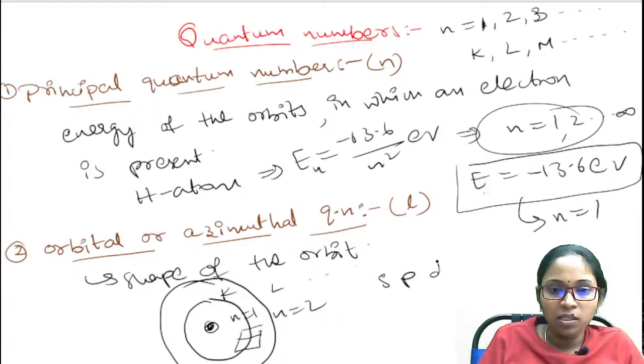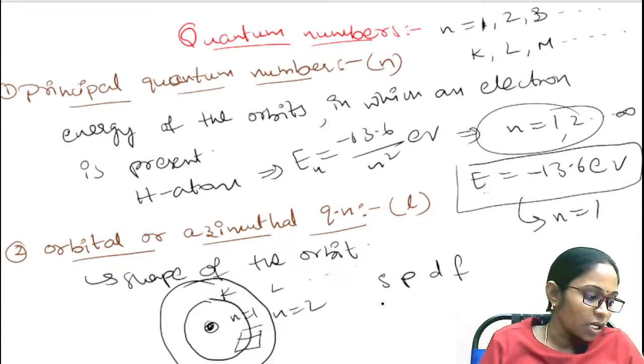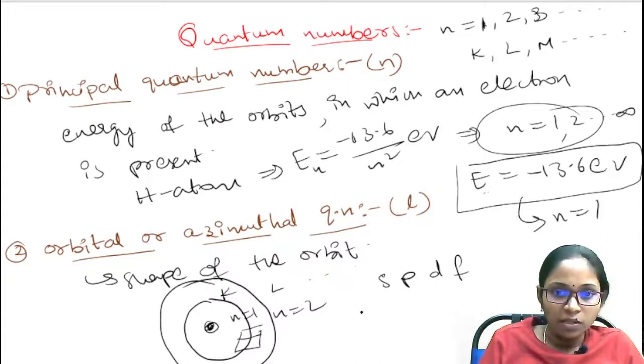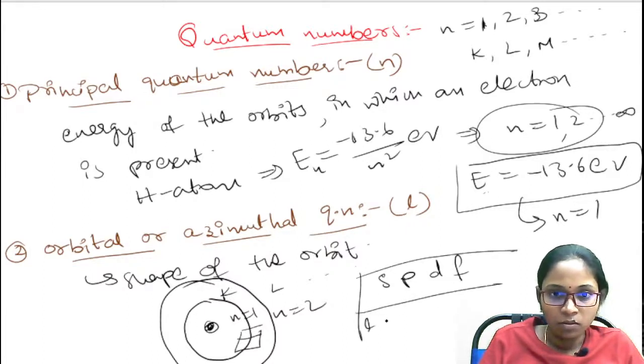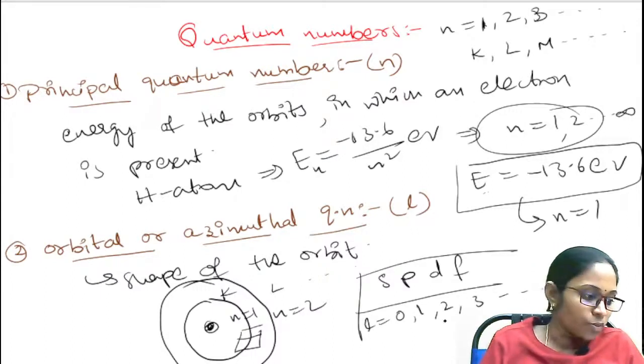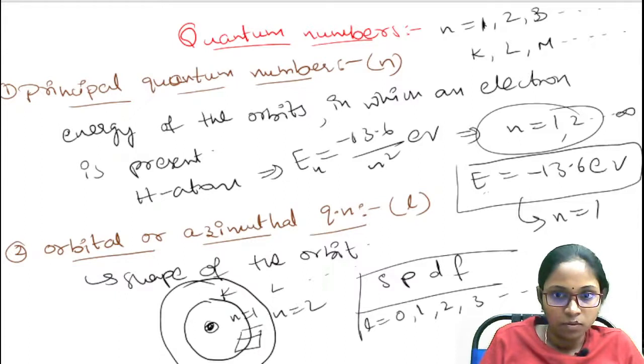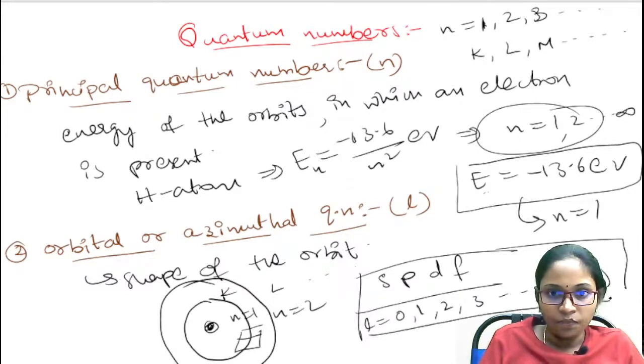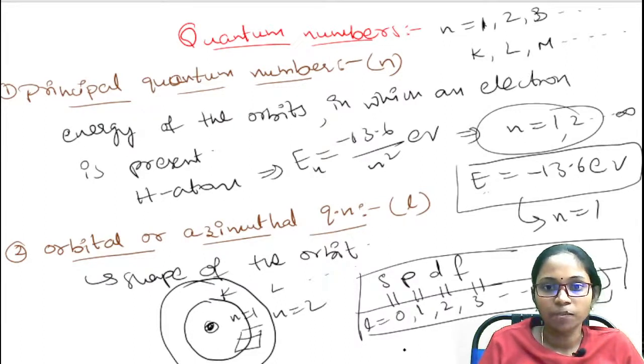S, P, D, F subshells ఉంటాయి. ఓకేనా, and this L can take values from 0, 1, 2, 3 and so on, up to where? n minus 1. Okay, no? So for L equals 0, you will have S subshell, L equals to 1, P, L equals to 2, D subshell, L equals to 3, F subshell, up to n minus 1.